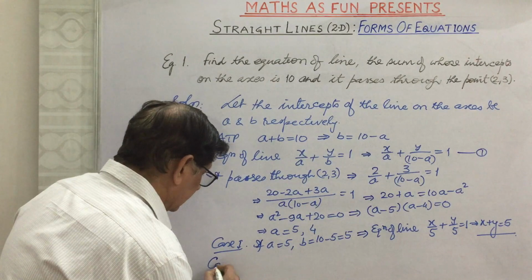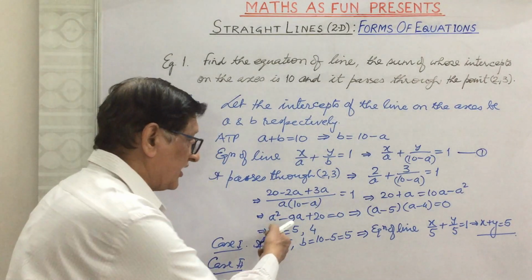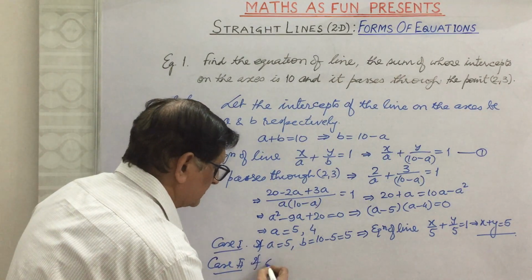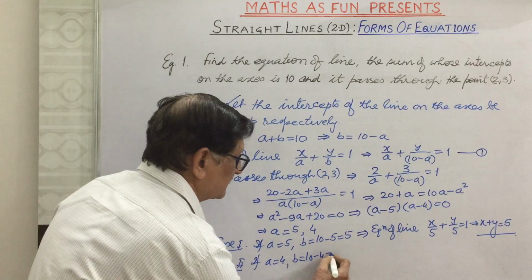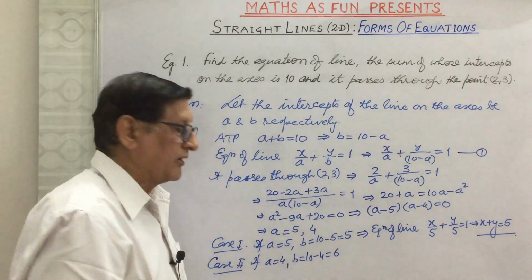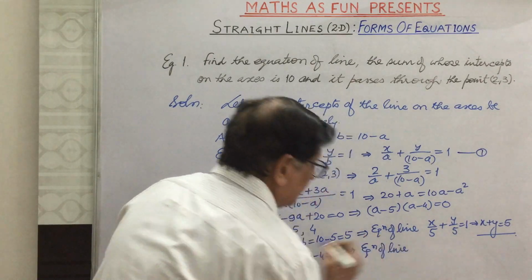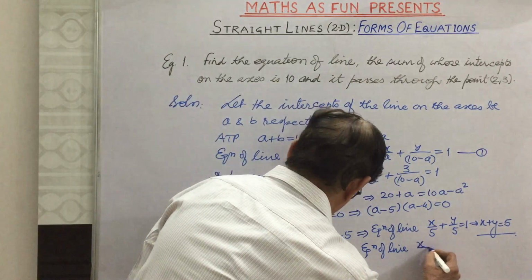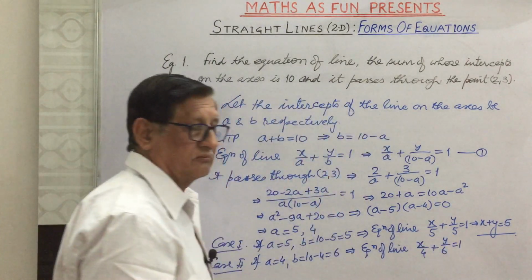We can go for the second case, that is case 2. Here we have A as 4. If A is 4, B will be 10 minus 4, that is 6. It means the equation of the line in this case will be x upon 4 plus y upon 6 equal to 1.